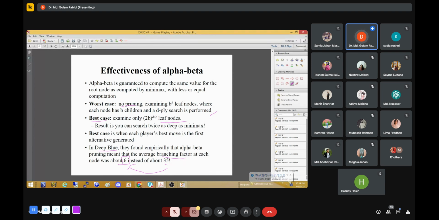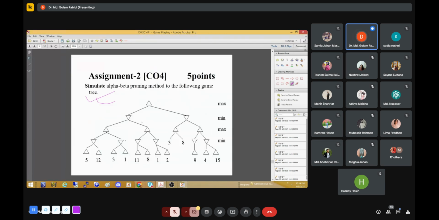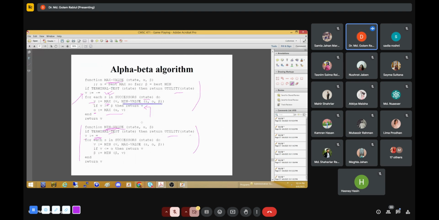As a result, you can search twice as deep as in minimax, so you will get at least half of your complexity. That's why alpha beta is effective. I think that's all in our today's lecture. If you have any questions, queries, then you can ask.